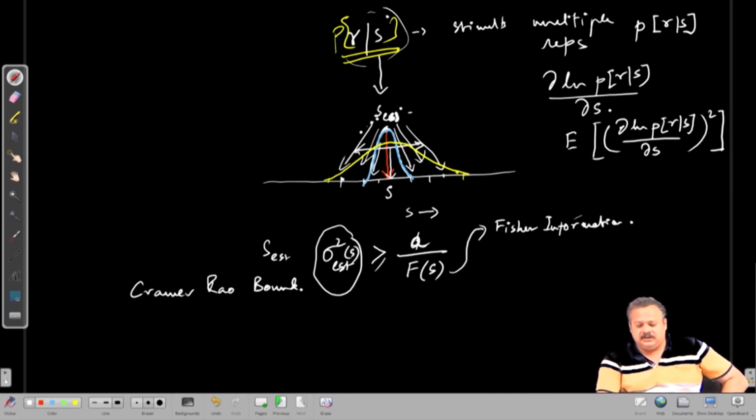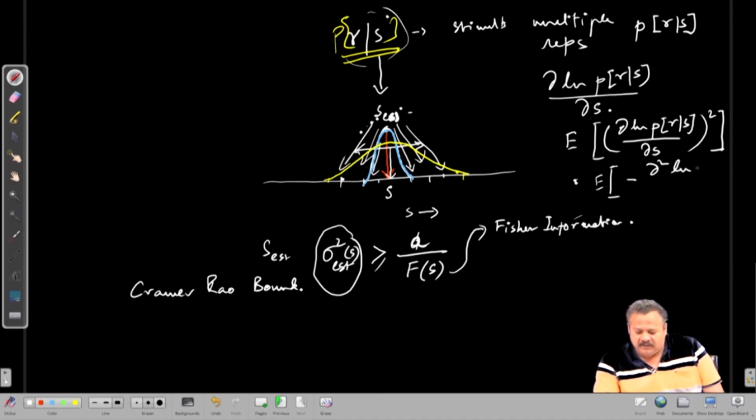This expectation is obviously over R, the response distribution. Alternatively, this is an exercise that you can do, it can also be defined as the expectation of the negative second partial derivative of log P of R given S with respect to S twice.